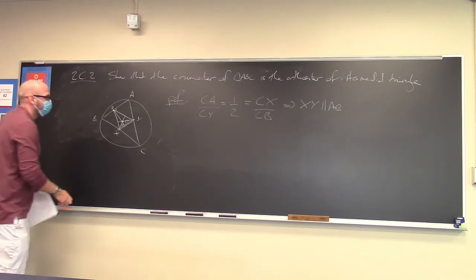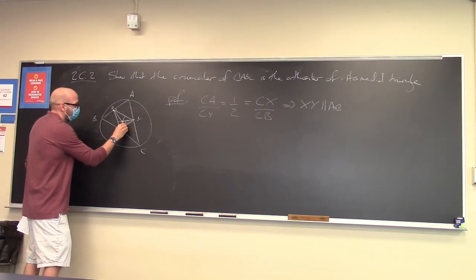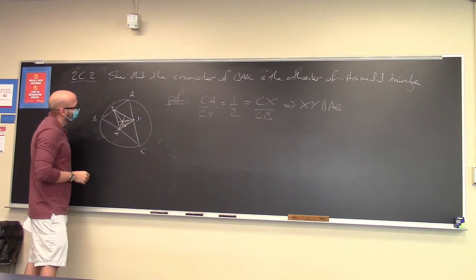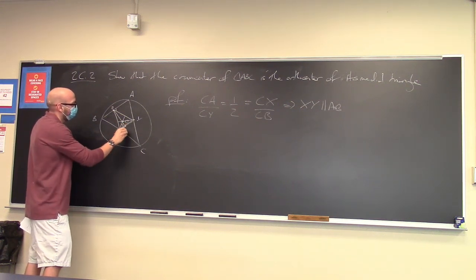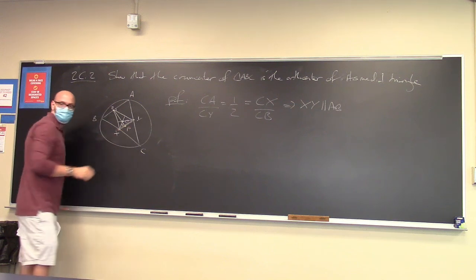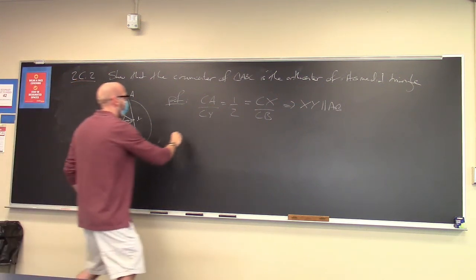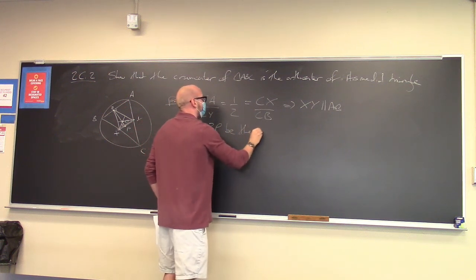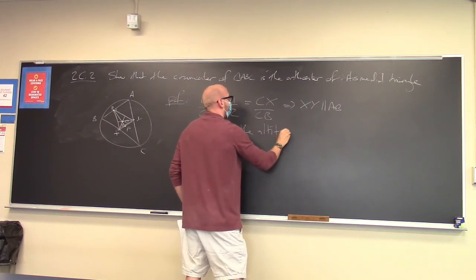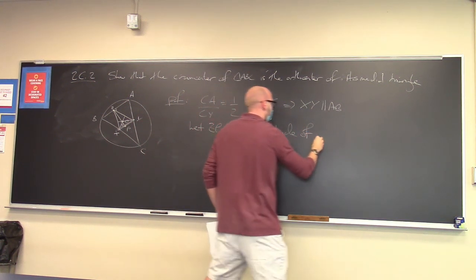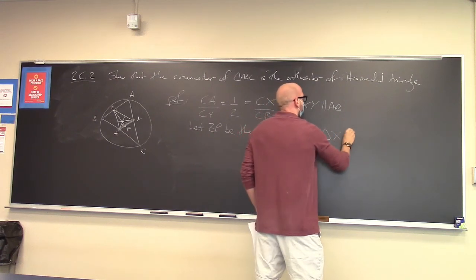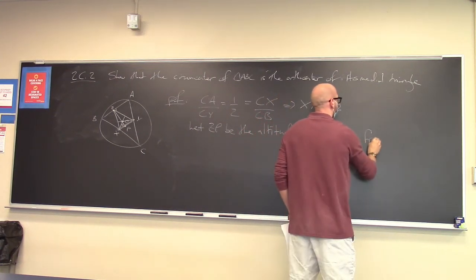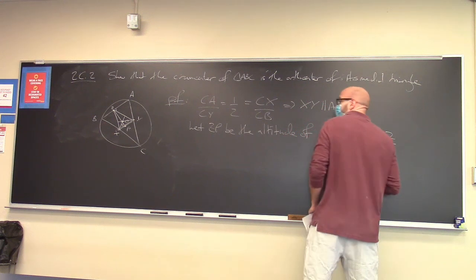I need a point here if I'm going to refer to it, so let's call this point P. Let ZP be the altitude of the medial triangle XYZ from Z.